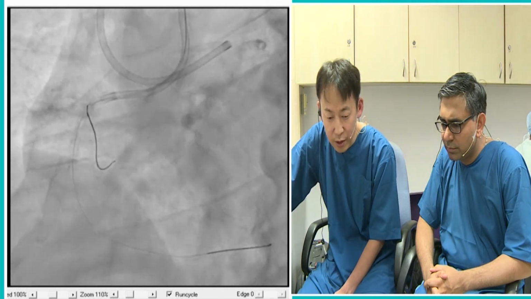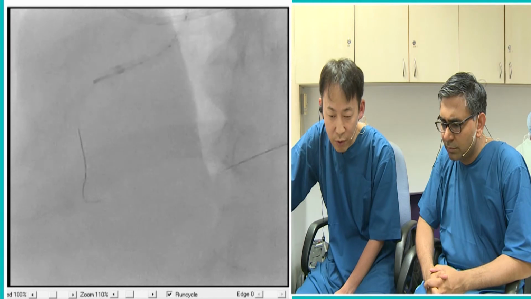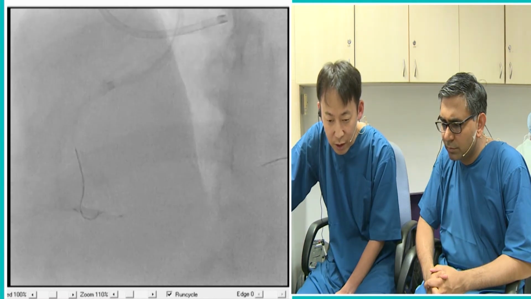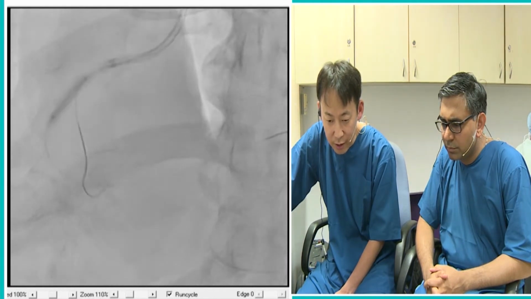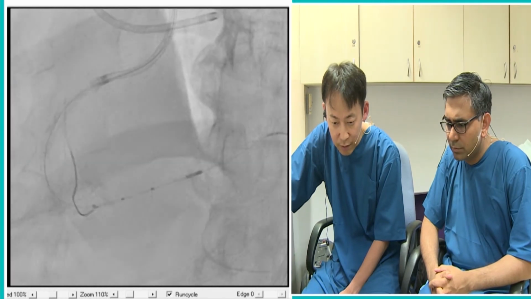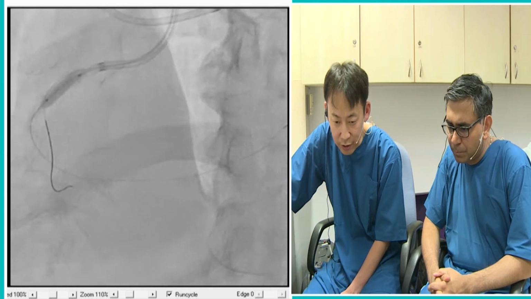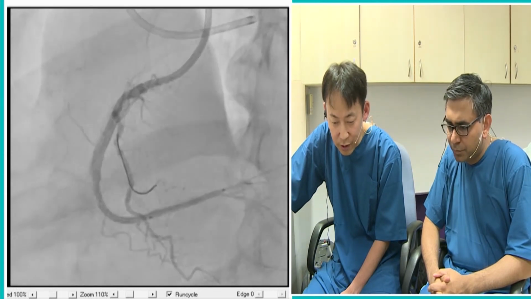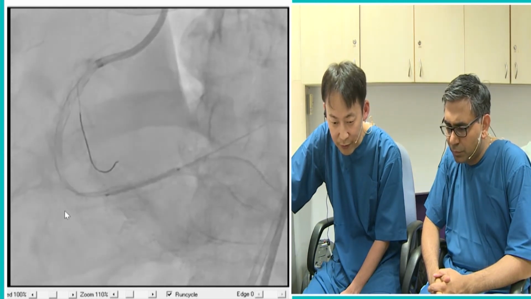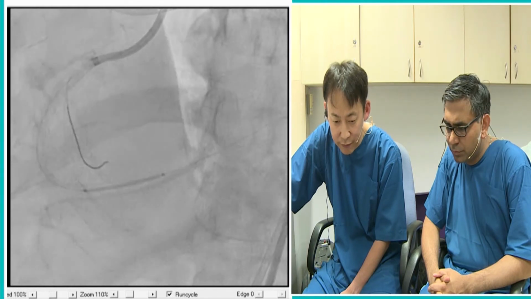So I decided on the stent, one in the distal RCA. I don't need IVUS. So this is an Ultimaster 2.5 by 23 or 24.